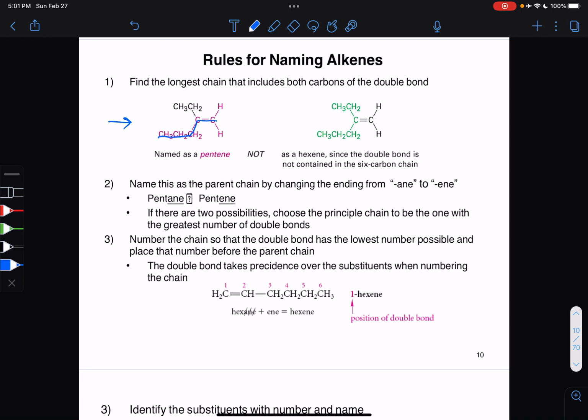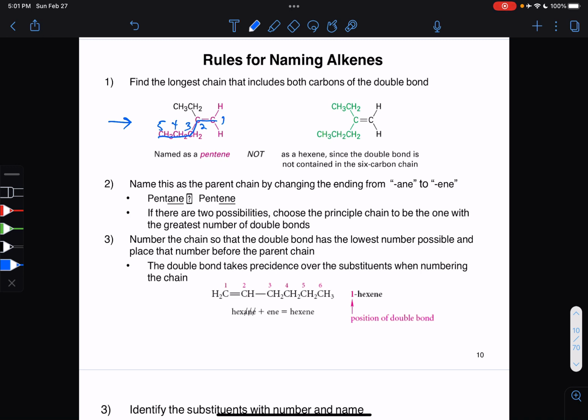Now, that's because that's the longest continuous carbon chain. So, the carbon chain where you can count the most carbons without picking up your pencil, and that includes the double bond. So, what we have is 1, 2, 3, 4, 5 there.